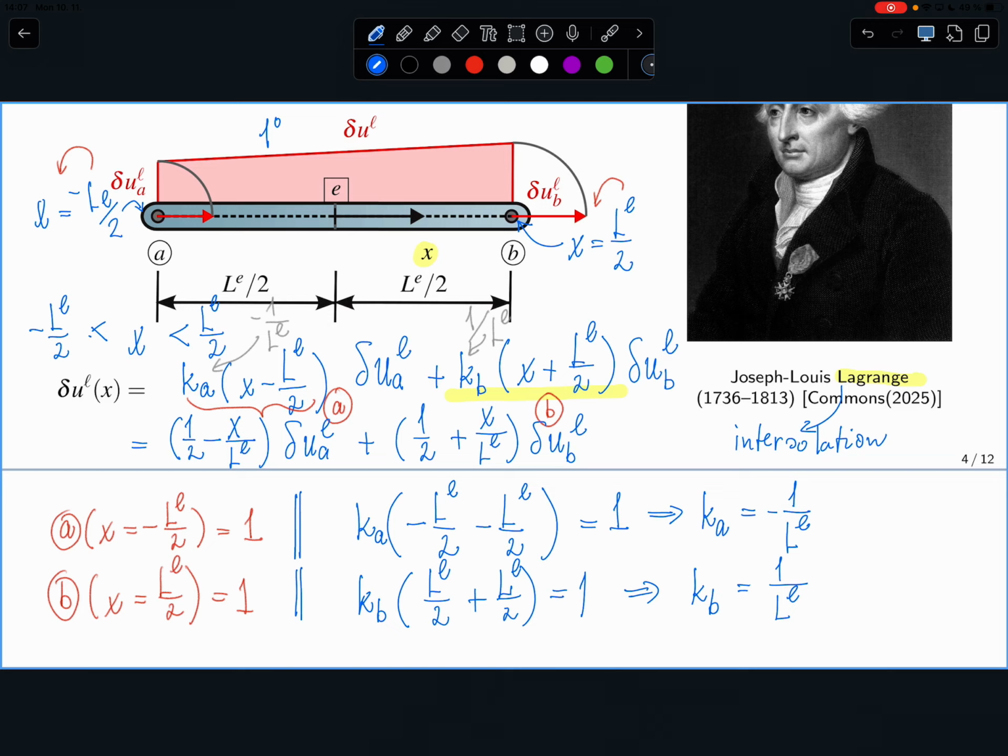If you know from high school, for instance, that if you just imagine that you have the value of the function here as the value of x, not the one in the origin, you know that the only thing which you need to do is to take the slope of that function, and this slope is just delta UB in the local coordinate system minus delta UA in the local coordinate system scaled by the length, and now write the corresponding formula for this segment, you will get exactly the same results.